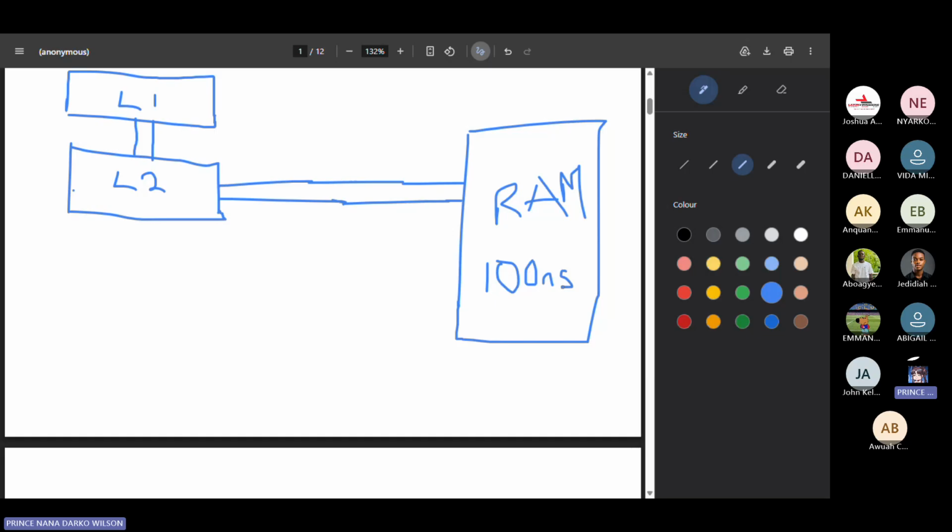So once data is sent, it takes 100 nanoseconds for it to get to level 2. That becomes a penalty that RAM enforces for coming to take data.